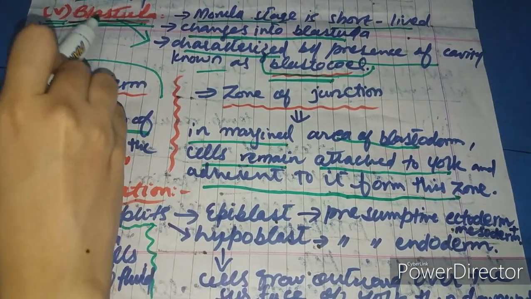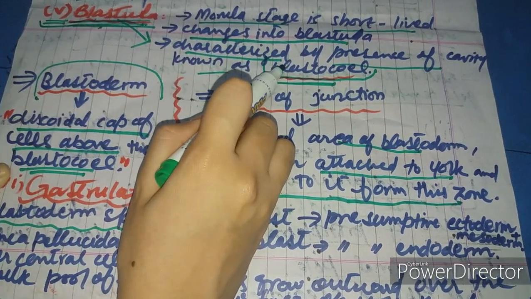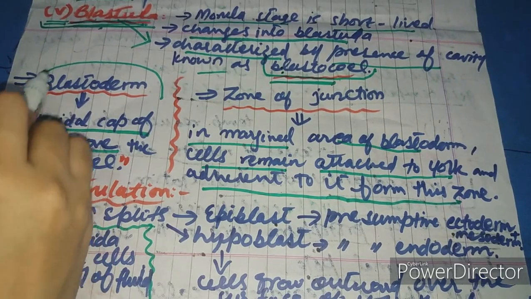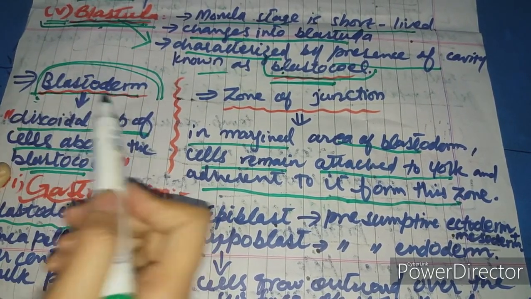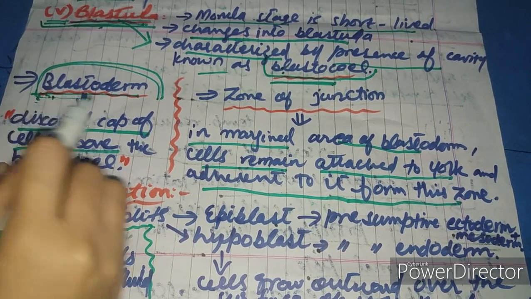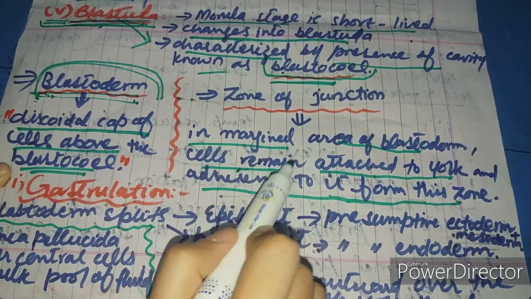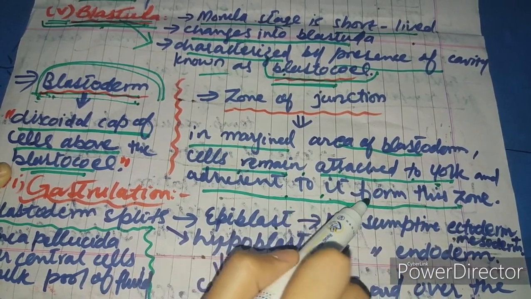As we saw, in this stage of blastula, blastocele formation occurs. Now this blastocele has a cap of blastoderm. Blastoderm is a thick layer of cells. In its marginal area, there are cells which remain attached to the yolk and are adherent to it.